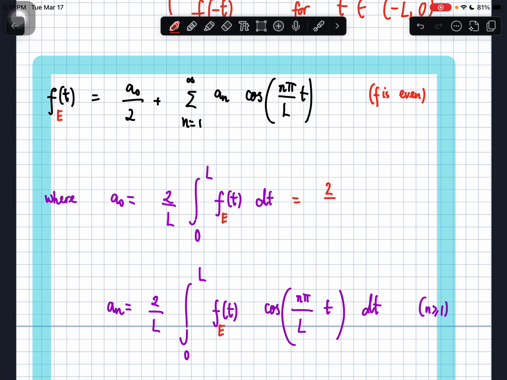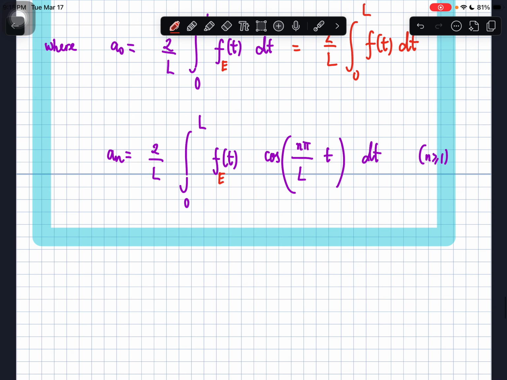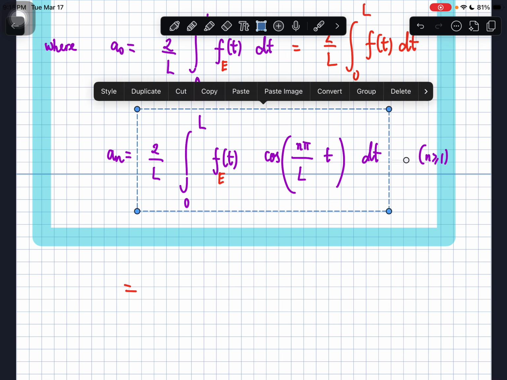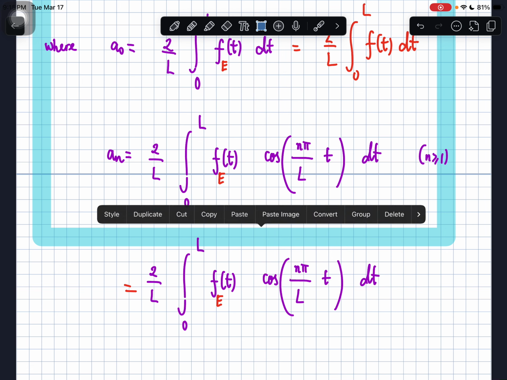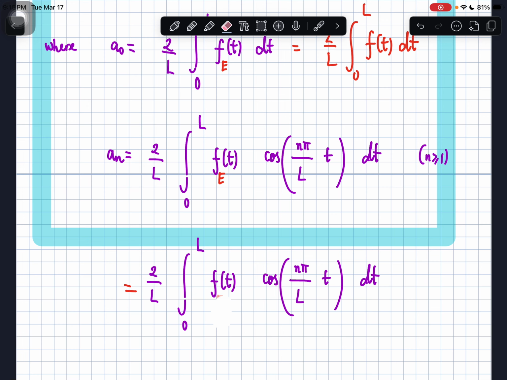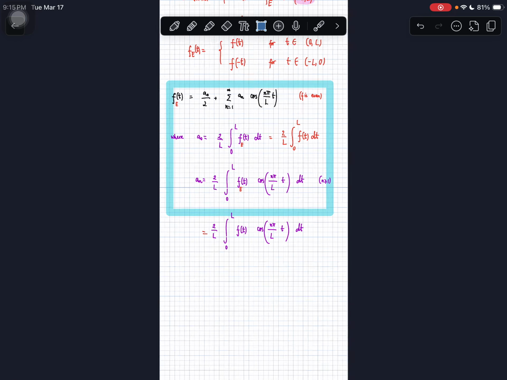So a0 is 2 over L, integral from 0 to L, f of t dt. And this one is 2 over L. So this is f even equal to f.